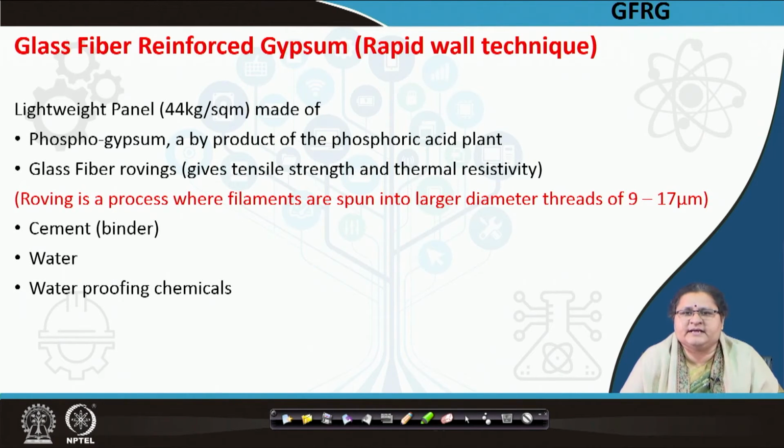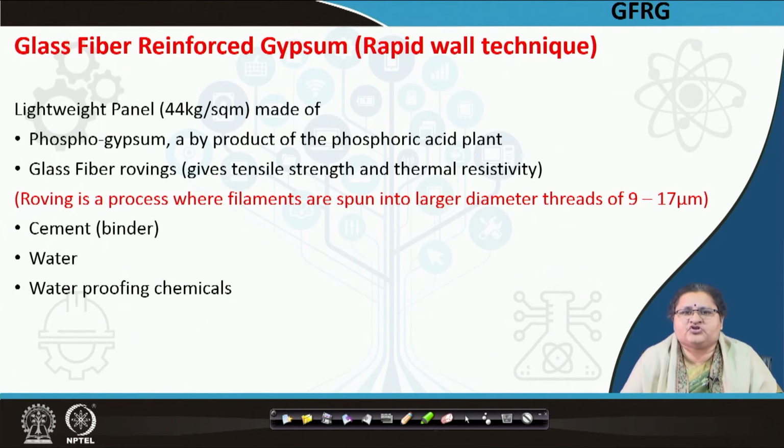gypsum. But here if you notice the value highlighted in red, you can see here the diameter of the thread is more. That is called roving, a process where filaments are spun in larger diameters of threads.